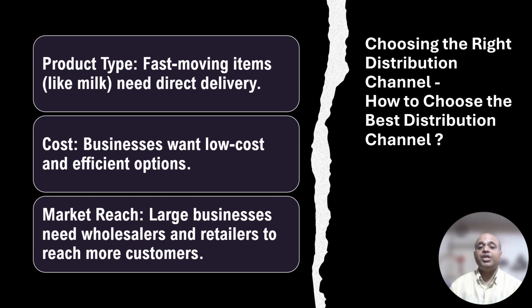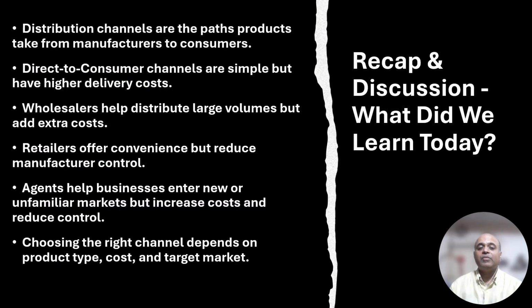Large businesses need wholesalers and retailers to reach more customers. Example, a local bakery would sell bread directly to customers, but a car manufacturer needs showrooms and retailers to sell the cars worldwide. Can you think of a product and decide which distribution channel would work best for it?